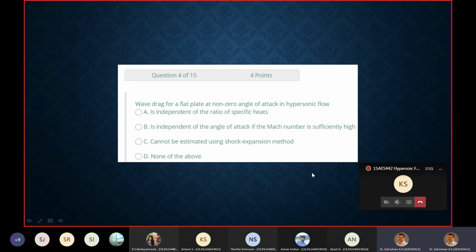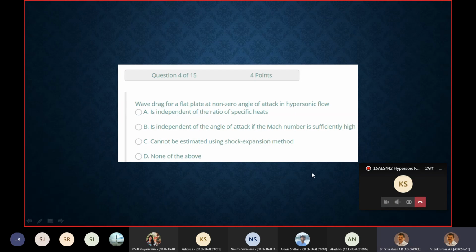No, the pressure jumps or pressure variations that occur are dependent on the Mach number, even if the Mach number is high. The upstream and downstream variations, because wave drag is because of the variations, do depend on the Mach number in any range. So the absolute value of wave drag is not independent of Mach number.